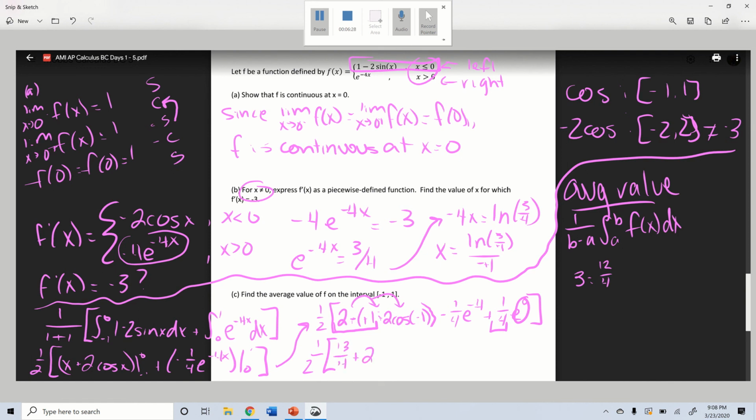And then we've got this 2 cosine of negative 1 that we can't evaluate, and then minus 1/4 e to the 4. Then technically we can distribute that 1/2 in, so that's going to give us 13/8 plus cosine of negative 1 minus 1/8 e to the 4. And that should be our average value of that function.